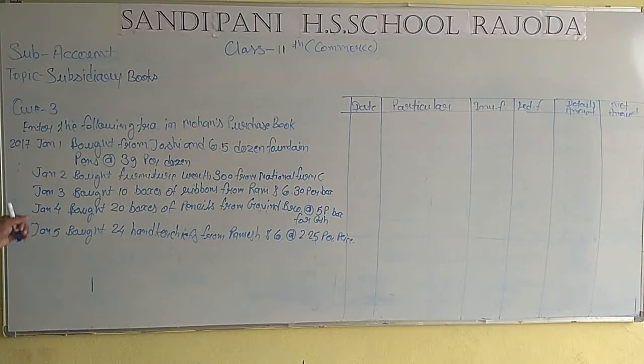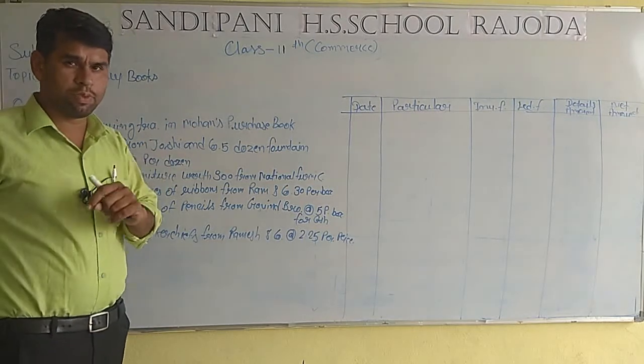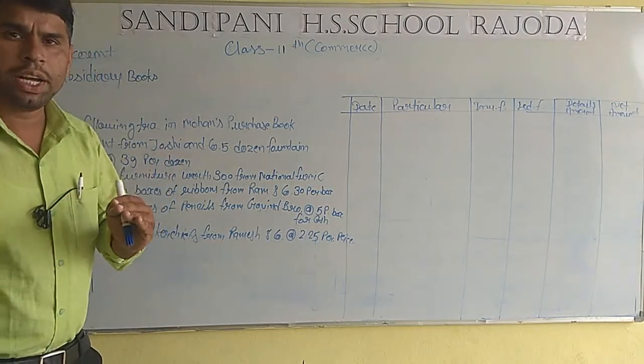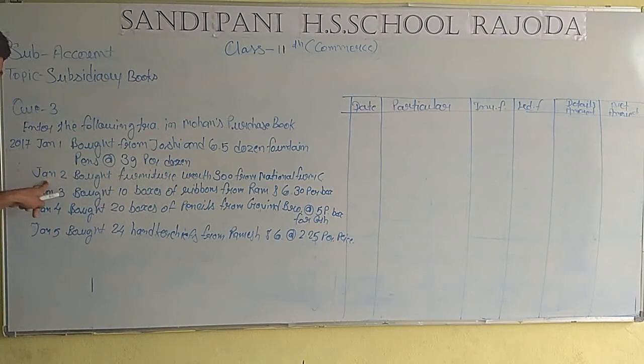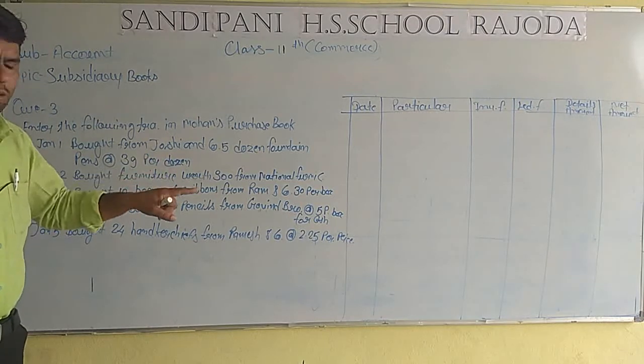Now we have to remember the rules of the purchase book. First of all, which transaction will we not write? The 2nd January transaction. Why? Because here a furniture purchase is given. We can't write an asset transaction in the purchase book.